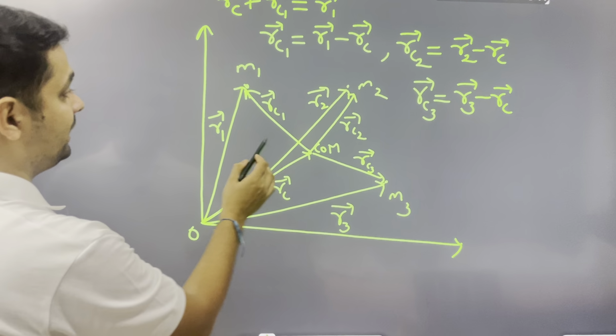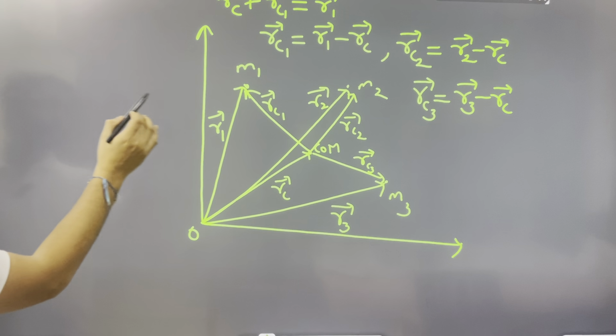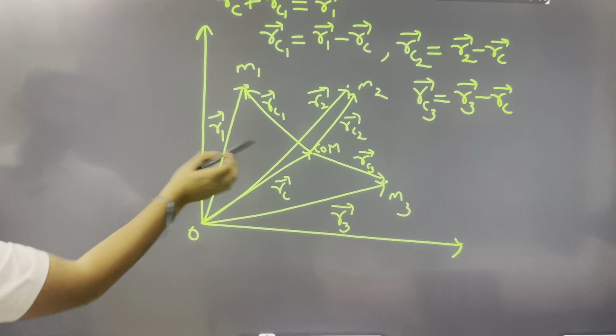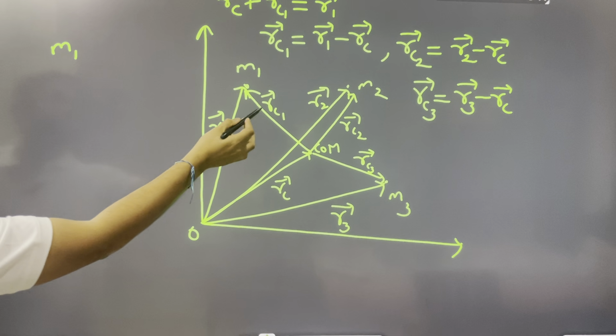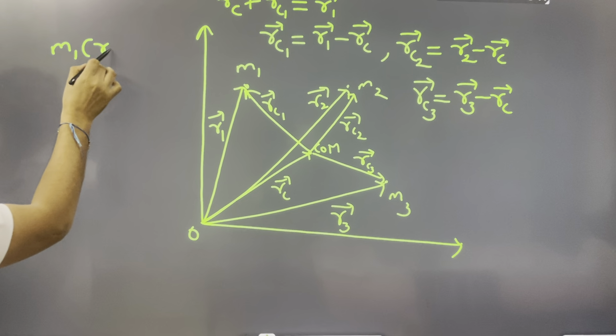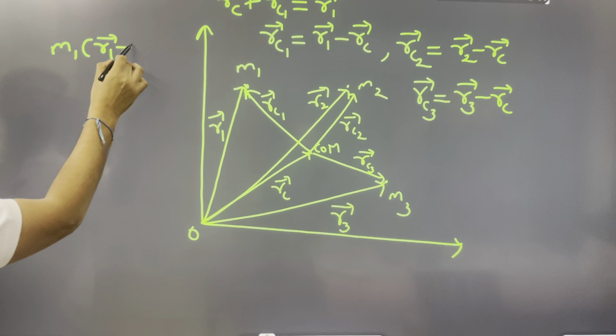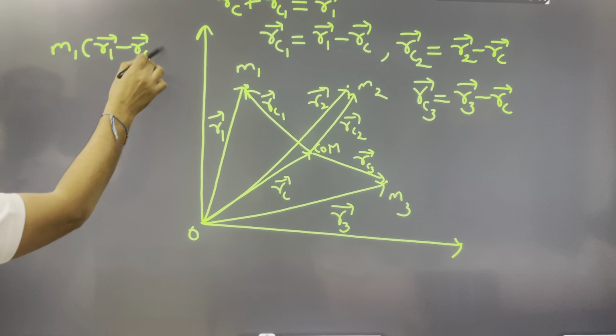So we write M1 into RC1 vector. What is the RC1 vector? R1 vector minus RC vector, correct?